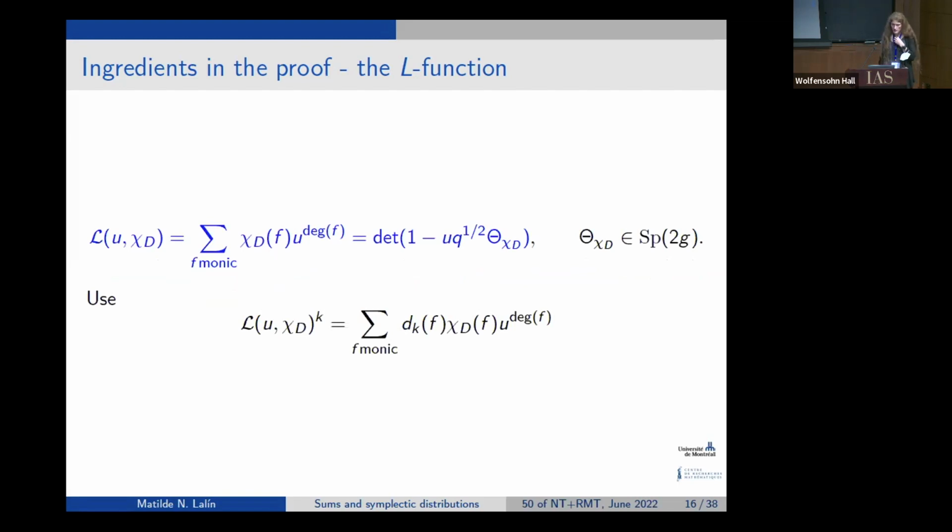So far it's not clear how you get the divisor function, but actually the divisor function comes from taking the k-th power of this L function. You take the k-th power and you end up with the divisor function twisted by the character.